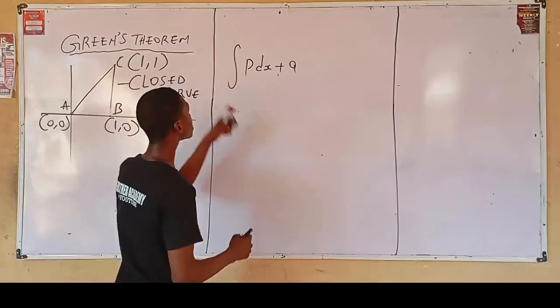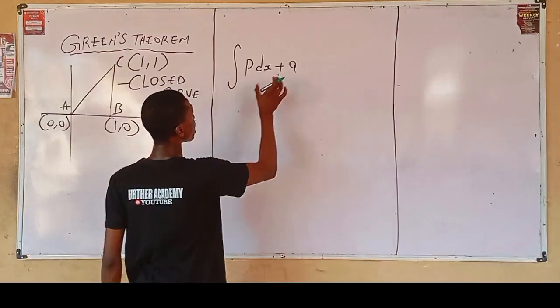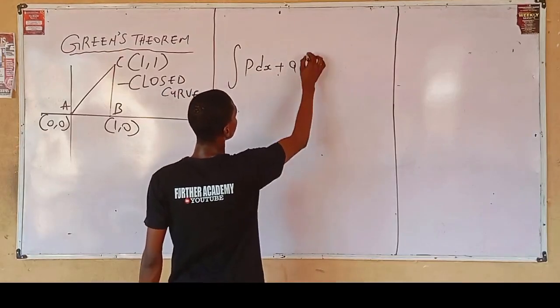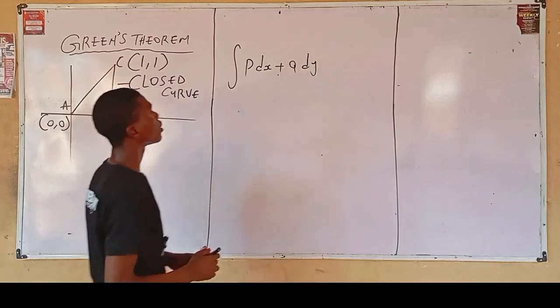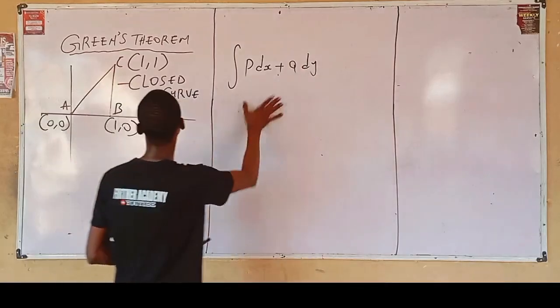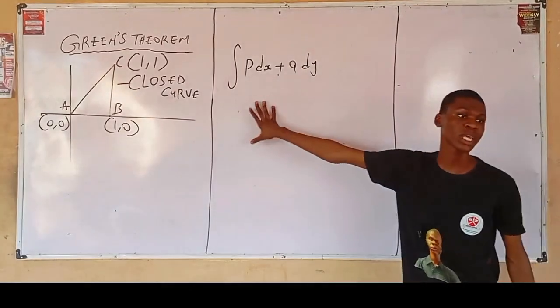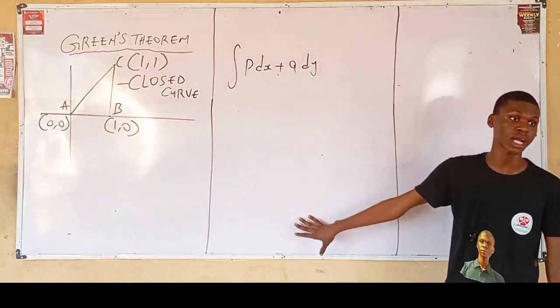Now let's solve. Using the line integral, I have the integral of P dx plus what? Q dy. What you should take note of is that P and Q are the vector field, right?